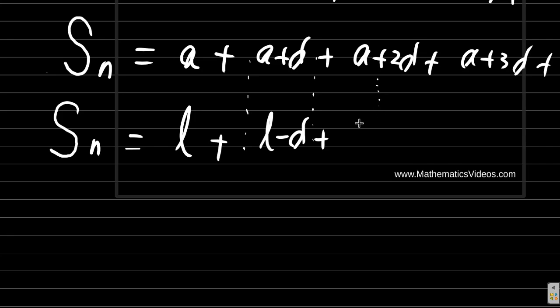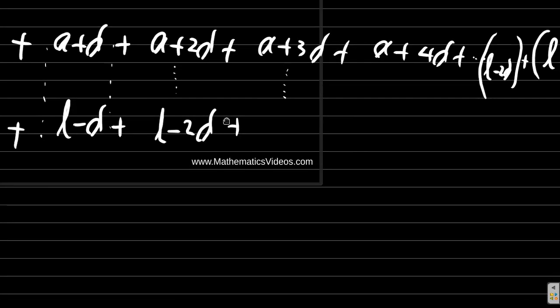The next term before this, to go to the third to last term, you have to minus D again. So it's the last term minus 2D plus. Then the term before this one, you have to subtract D again.